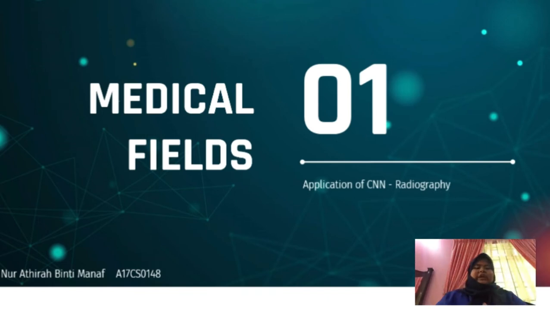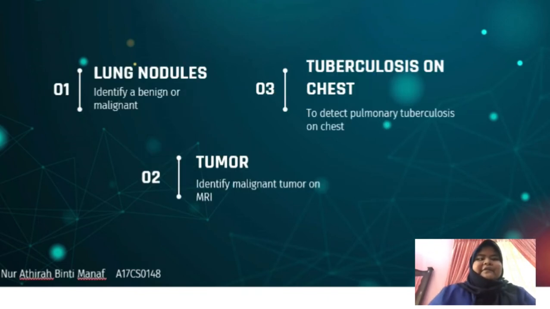The first three examples in radiography are: lung nodules, where CNN helps to identify whether the nodules are benign or malignant; the second one is the tumor, where CNN helps to identify whether it is a tumor or not using medical images such as MRI; and the third one is tuberculosis on the chest, to detect pulmonary tuberculosis on the chest and identify it more efficiently.